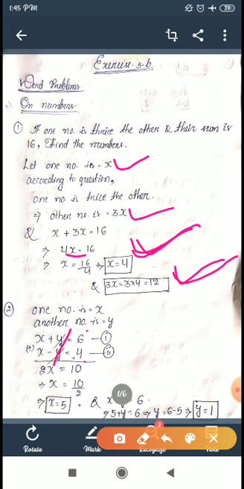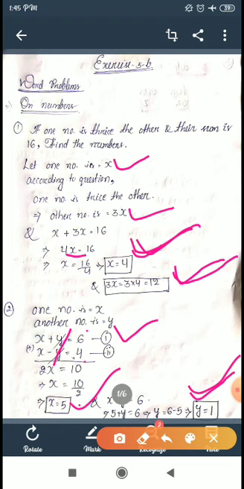Now put the value of x in equation 1. x plus y equal to 6, that means 5 plus y equal to 6. Therefore y will be 6 minus 5, that is y equal to 1. So x equal to 5 and y equal to 1.